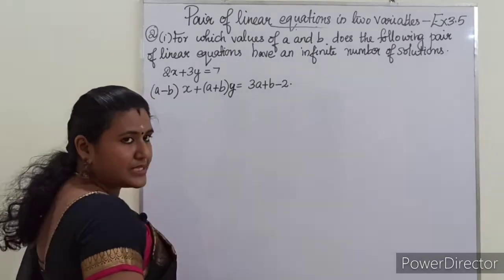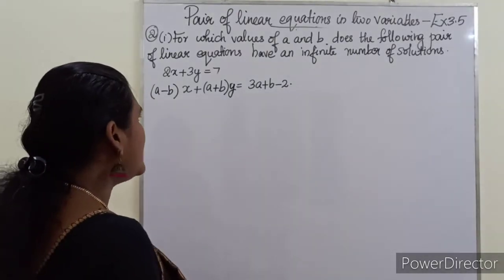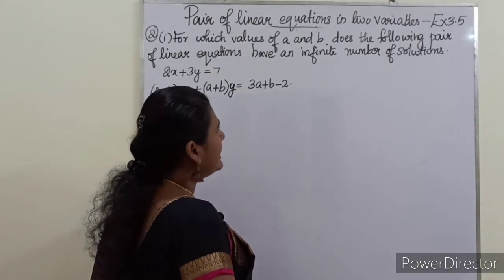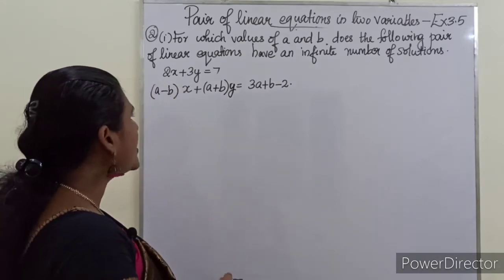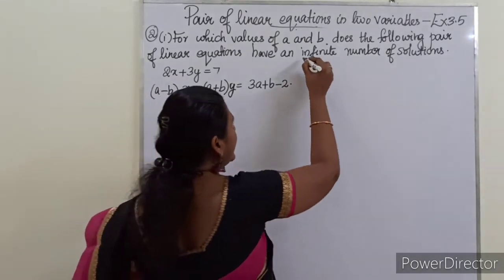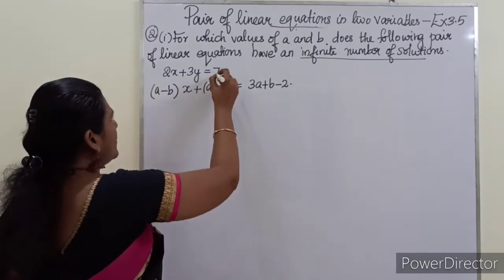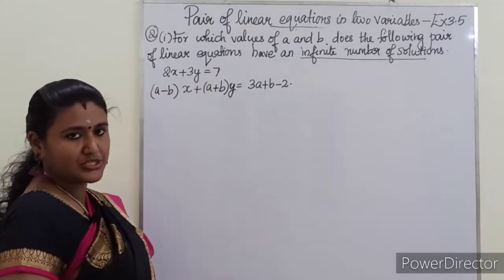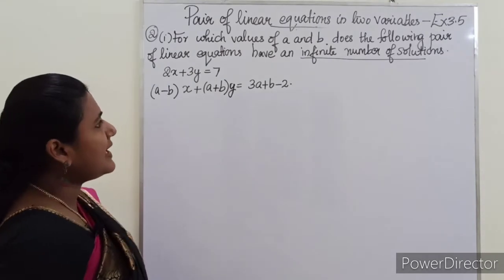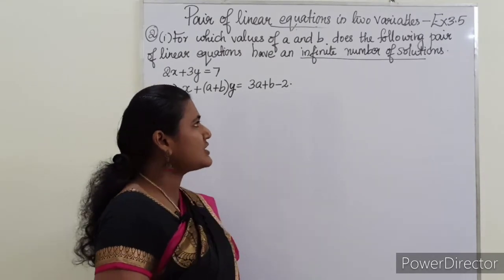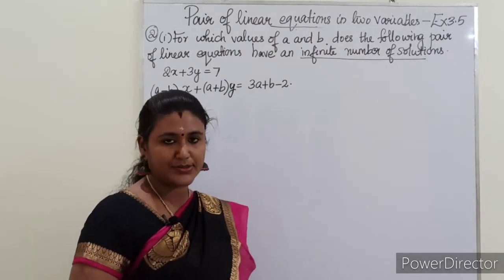Now second question. For which values of a and b does the following pair of linear equations have infinite number of solutions? So here we are given two linear equations, and it is given that the given pair of linear equations has infinite number of solutions.